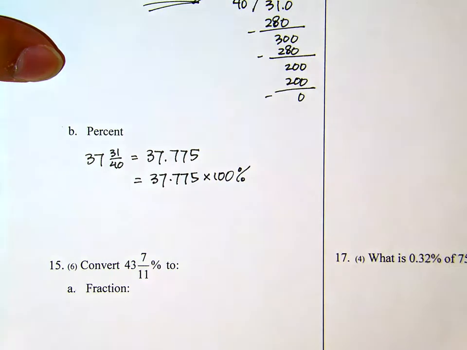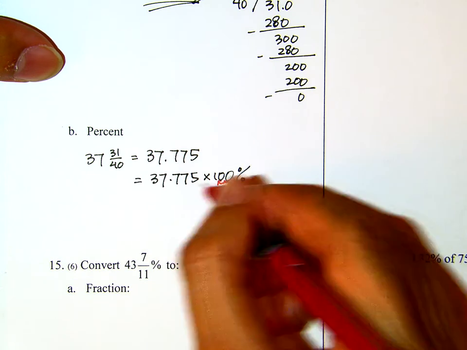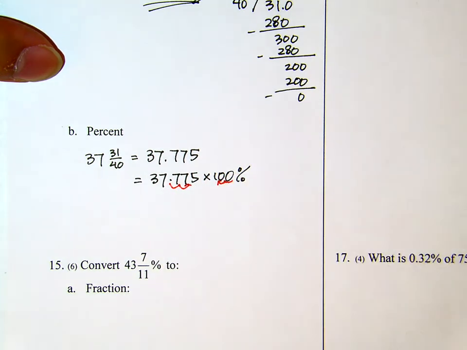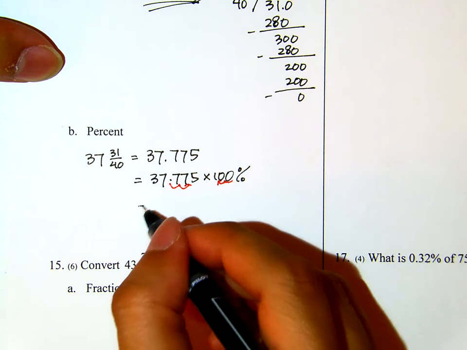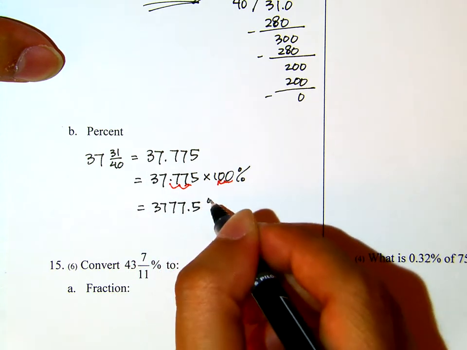And multiplying by 100%, I hope you remember, we can move the decimal point. And that will be 3777.5%.